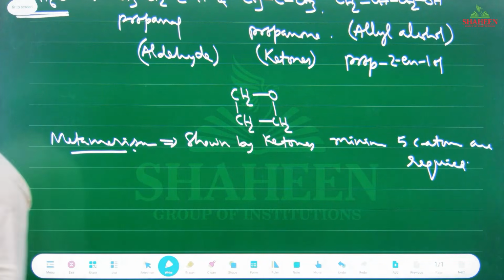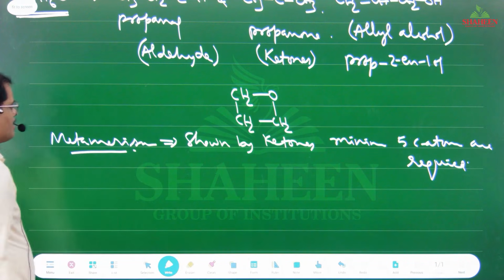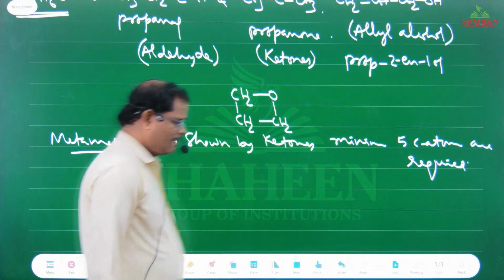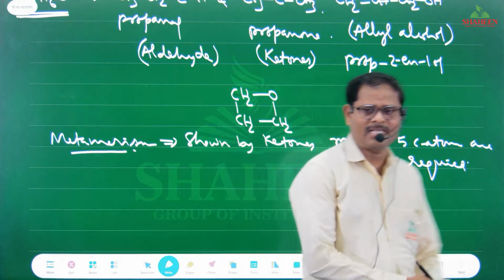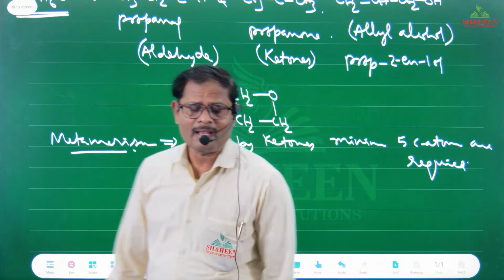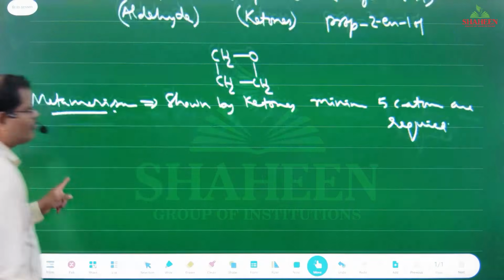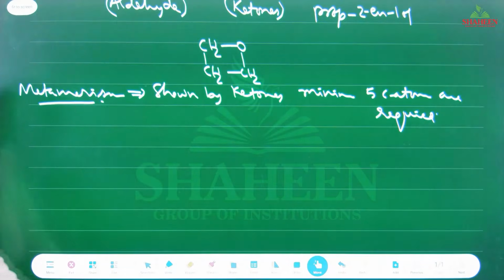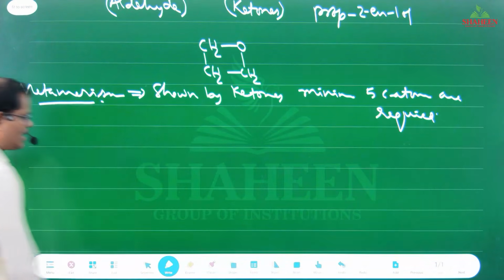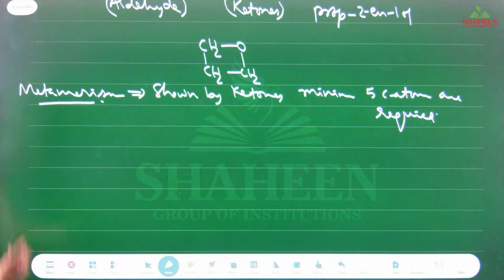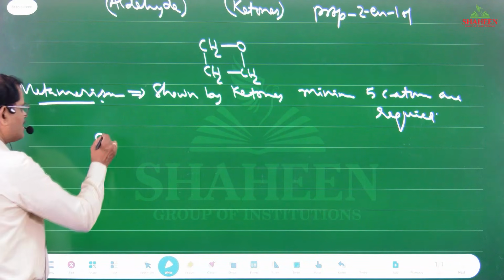With 5 carbon atoms, we can write different forms. They are called metamers. Metamers have the same molecular formula, and they differ by the groups attached to the functional group, that is the keto functional group. When different groups are attached to the keto functional group, they are treated as metamers.